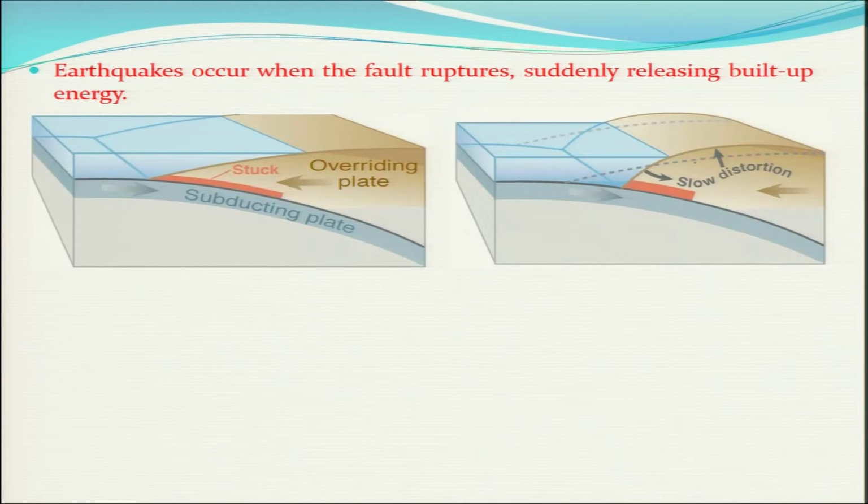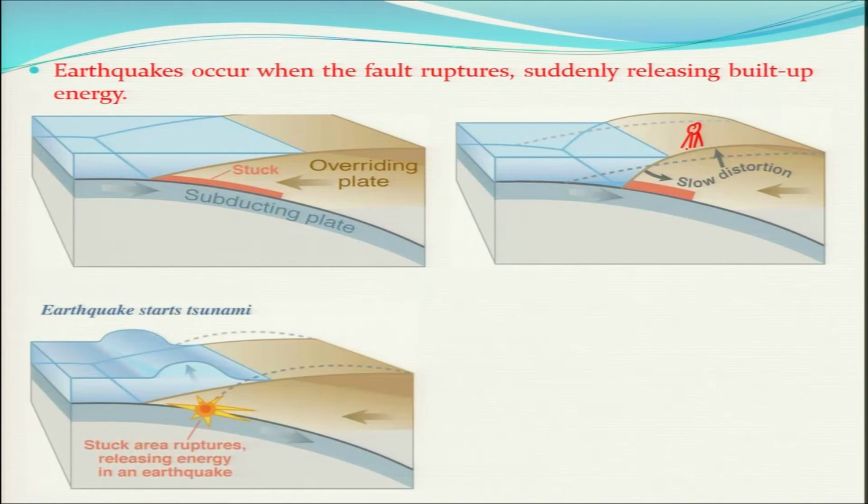But this is a very slow process and can be picked up if you have GPS stations. If you have multiple GPS stations, you can easily make out the change in elevation or the deformation experienced over time, but it will take years.